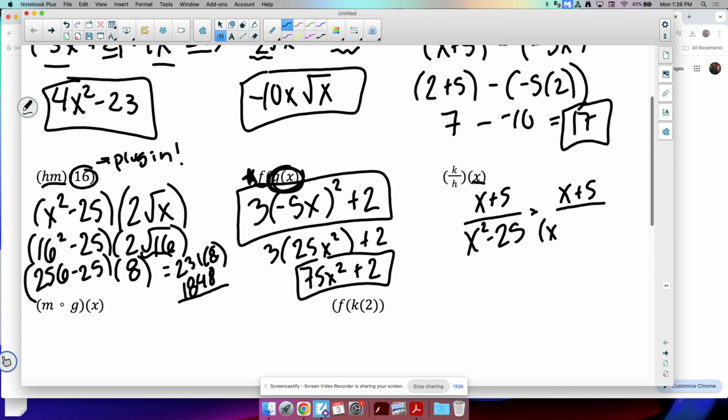X squared comes from x and x. How do you get a minus 25 with nothing in the middle? Plus and minus 5. Yeah. So if you have plus or minus signs in your fraction, it does need to be factored first. Once it's factored, if it's the exact same, they cancel. So we still have x minus 5 on the bottom. If we're ever missing part of our fraction, what number goes there?